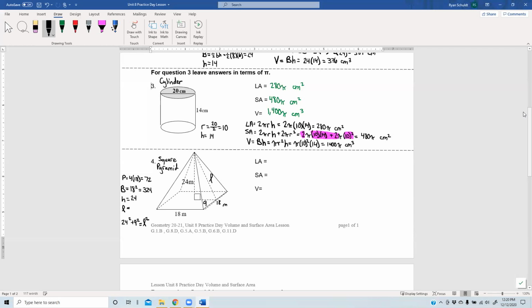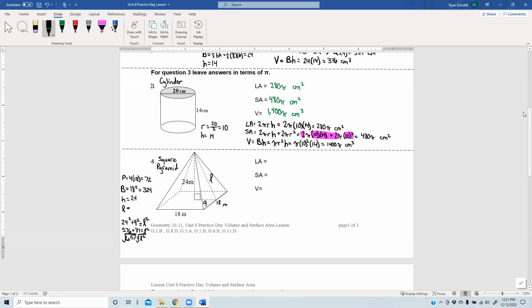Well, I'm saying this is L. 24 squared is 576 plus 9 squared is 81. 576 plus 81 gives you 657 equal to L squared.